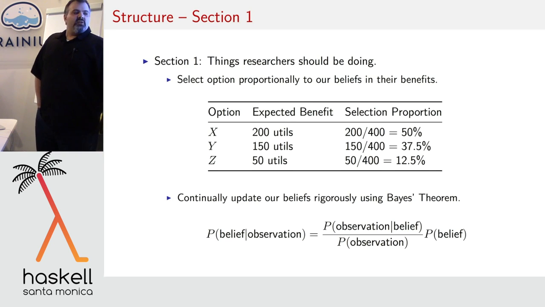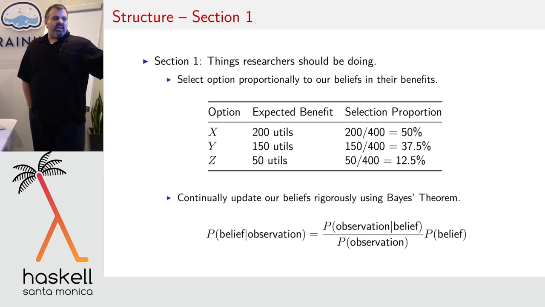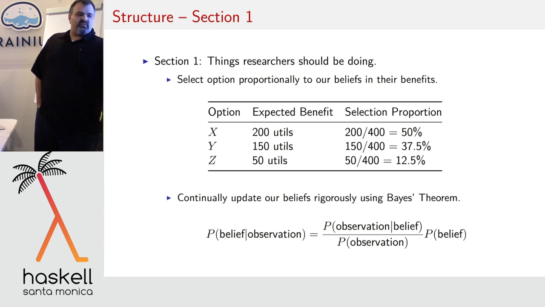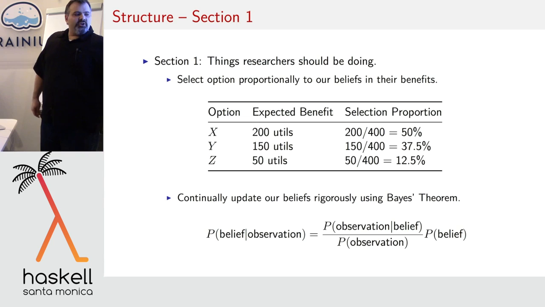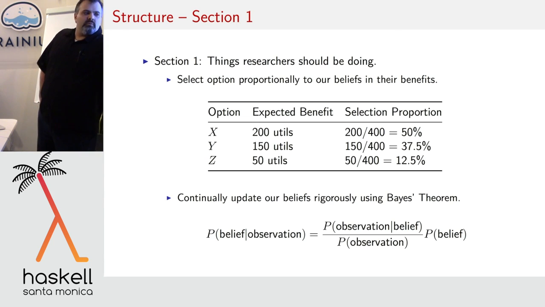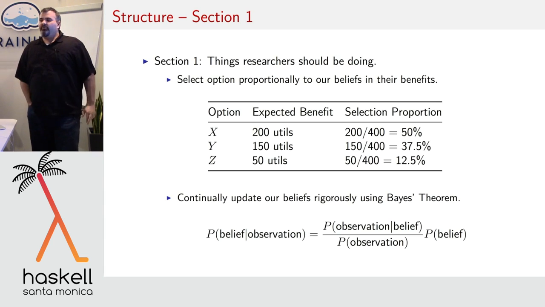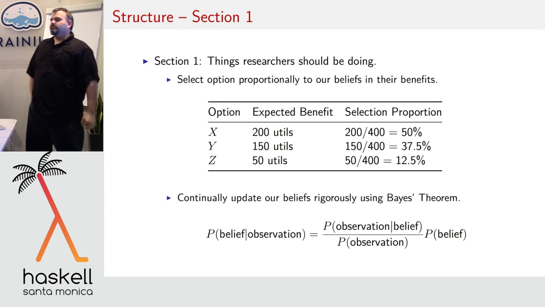Assume our belief is correct, calculate the probability of getting the observation that we ended up getting, and divide that by the probability of getting that observation just out in the open. This fraction gives us a coefficient that tells us how to update our belief given that we got some observation back.